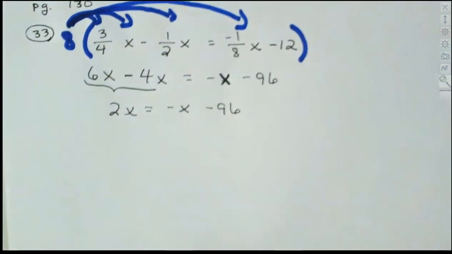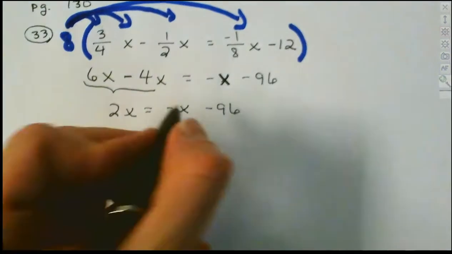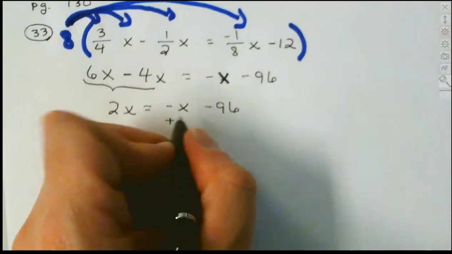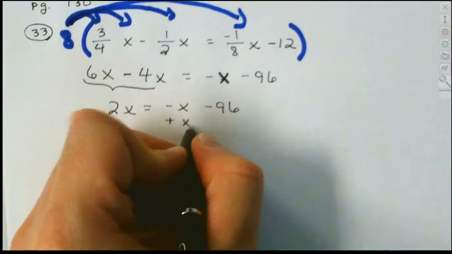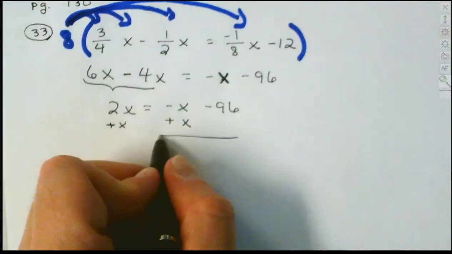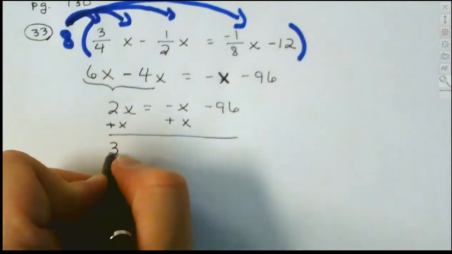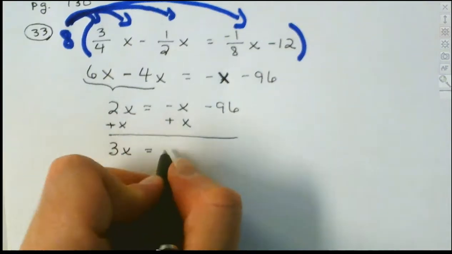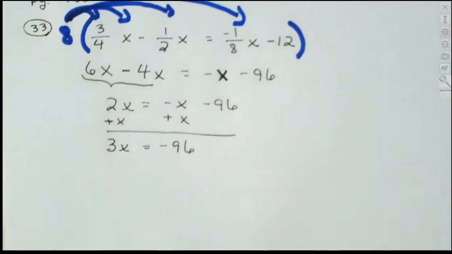And we need to finish it, so what do we do? I always start with the variables, moving to the left. So I'm going to add that x over. And that makes it now a 3x, and that equals a negative 96. And how do we get rid of that 3?